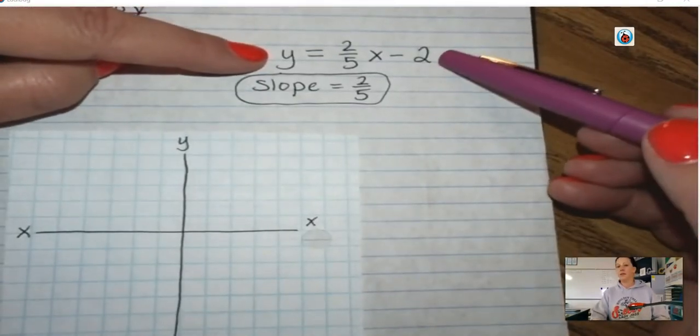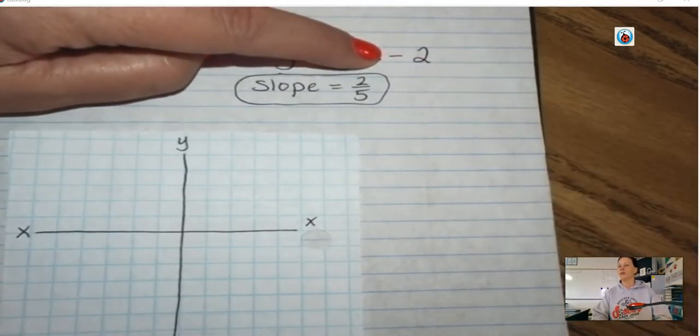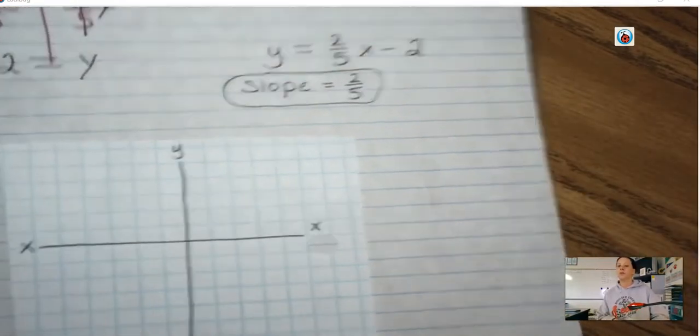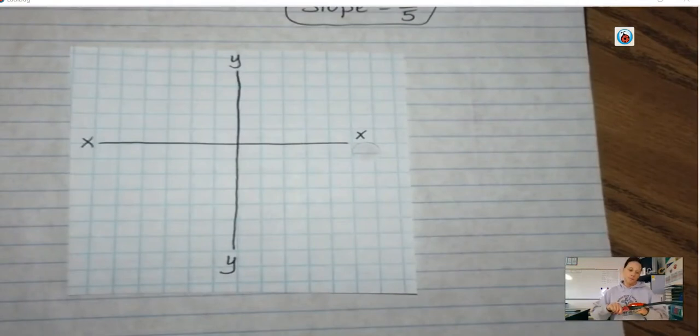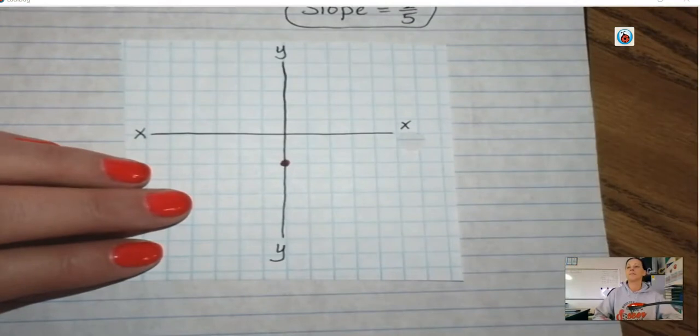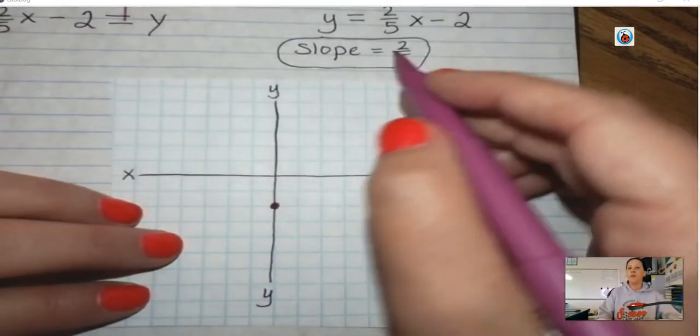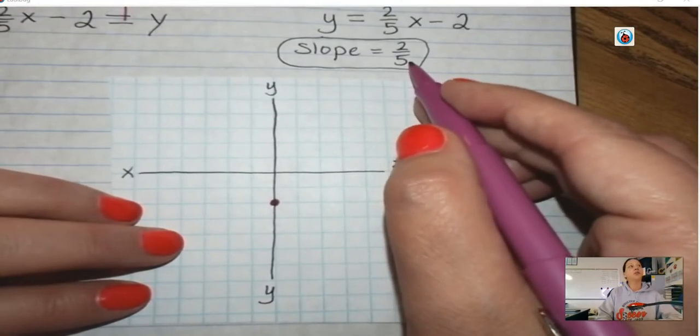You guys remember how to do this. We always graph the y-intercept first, the b value, which is -2. So go to your y-axis. On your y-axis, find -2 and put a dot. Okay, from that y-intercept now, we're going to use the slope of 2/5.